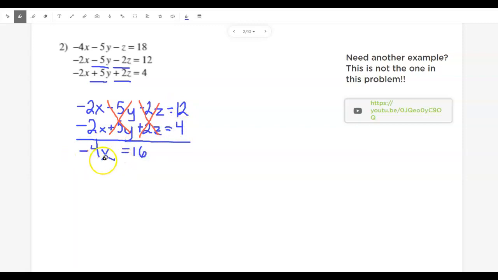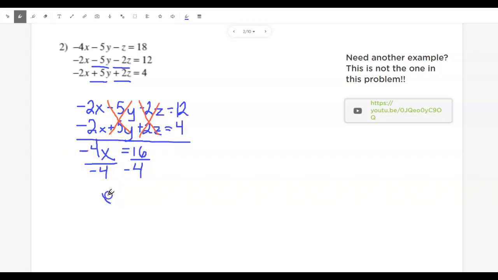Now we need to get that x by itself. In order to do that, we need to do the inverse of multiplication, which is division. We're going to divide both sides by negative 4. We divide by whatever that coefficient is. That way, when we divide negative 4 by negative 4, we get 1.